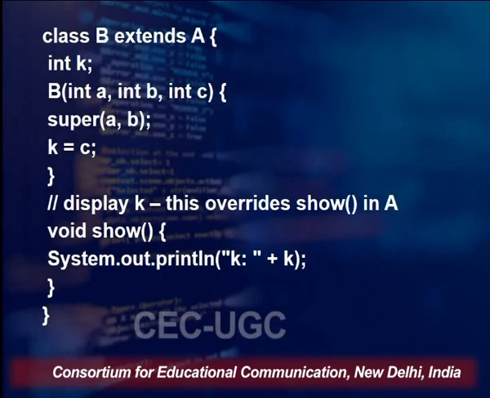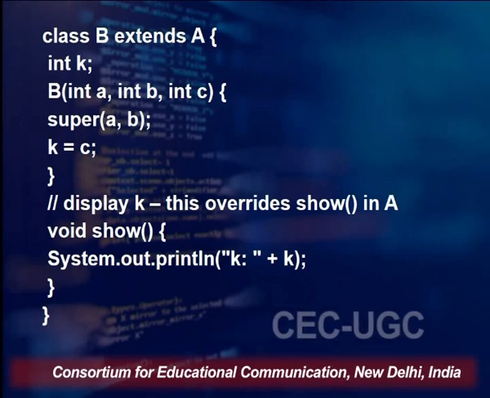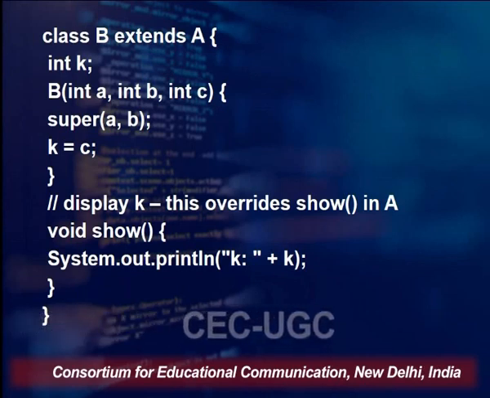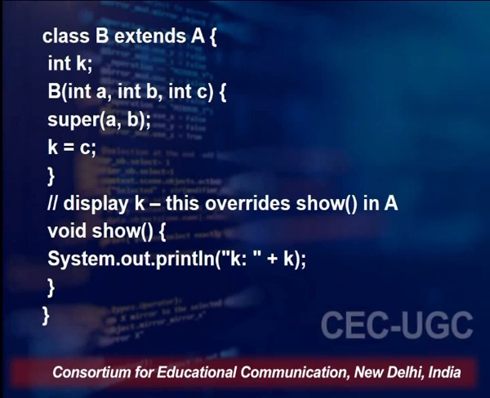Now in case of overriding, there has to be inheritance. In case of overloading, it is not compulsory to have inheritance implemented. So that's a major difference between overloading and overriding.